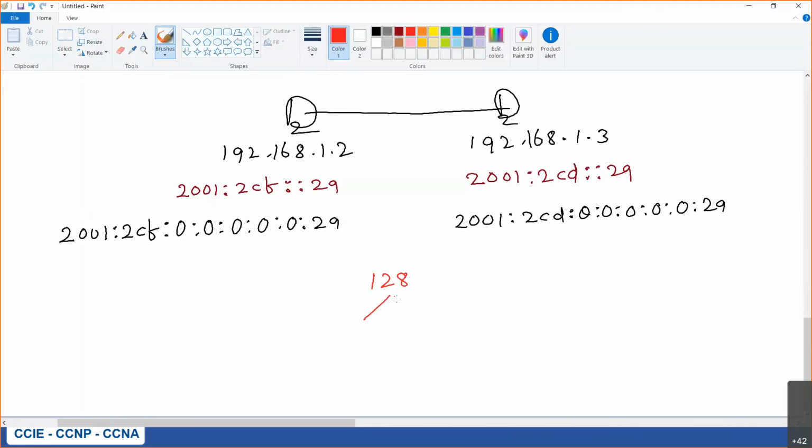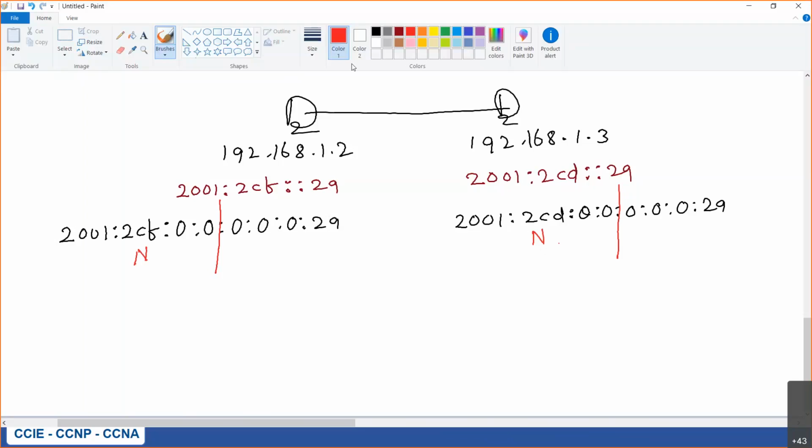Out of 128, the first 64 and the second 64. The first 64 bits are similar to the network portion, the second 64 bits are similar to the host portion. First 64 bits means how many quartets? The first four quartets, not octets. So the first four quartets are the network portion, here also.